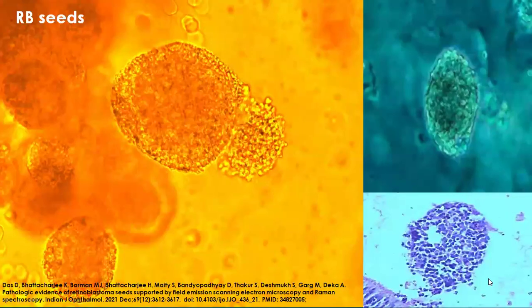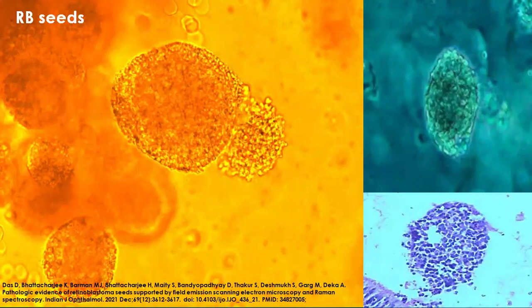Now you see these are the seedings in fluorescent stain. You can ask me why there is an orange stain and a green stain in fluorescent stain. This is very important because fluorescent stain depends on concentration and pH. Mostly we work at neutral pH.